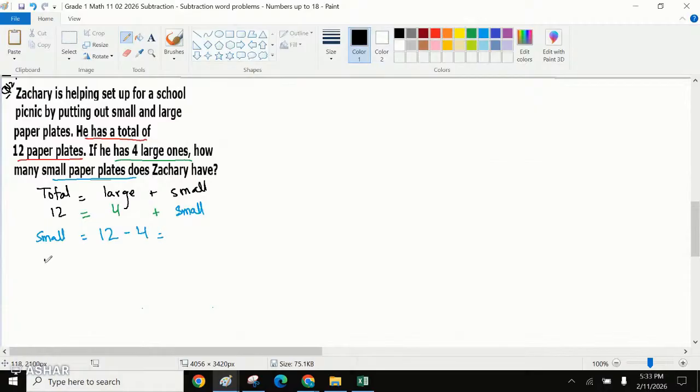That can also be written as 12 minus 4. In order to find 12 minus 4, we write down the numbers 1 to 12. How many do we need to remove? We need to remove 4 because only 4 were large, the remaining have to be small. So we know that 12 minus 4 is 8. That means there are 8 smaller paper plates.